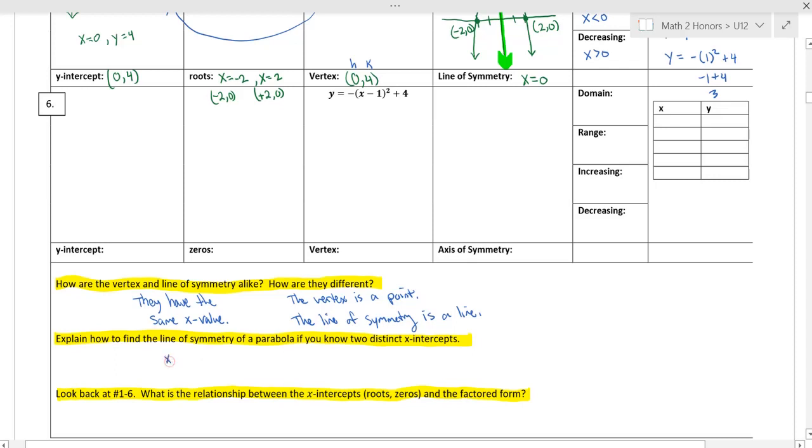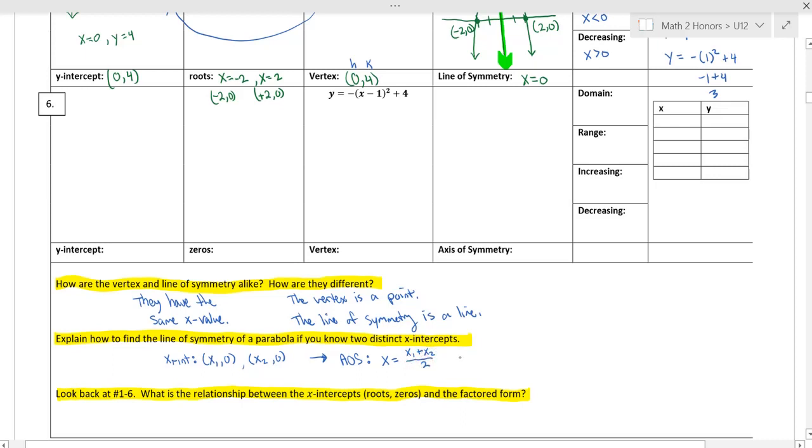Say my x-intercepts are x1, 0 and x2, 0, then my axis of symmetry is going to be the line x equals, you take your x1 plus your x2, your two x-intercepts, add them and divide by 2.